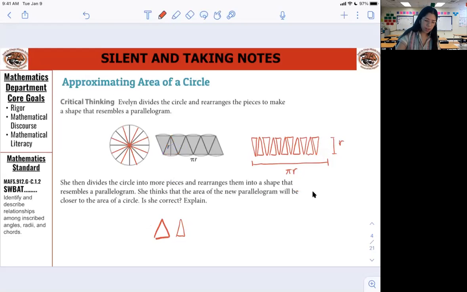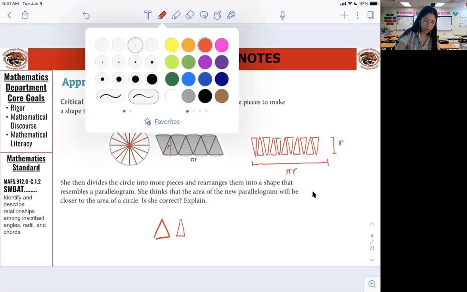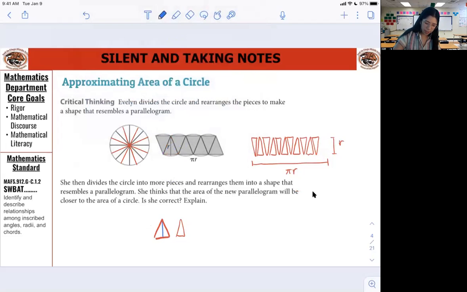It's kind of hard to explain, but if the radius is the height of the triangle, which triangle has side lengths that are closer to the radius? The skinnier one, right? So the skinnier triangle is actually closer to the radius. Remember what we said, that it's an approximation.